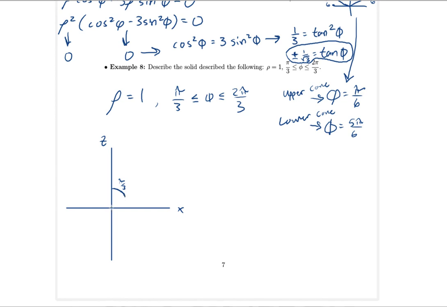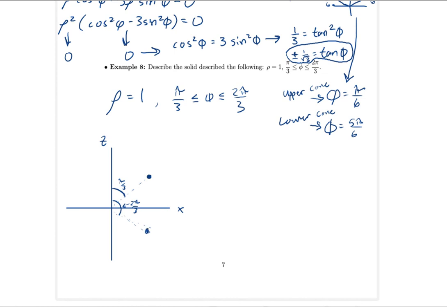So that puts me about at an angle of that, and then I'm going to go out until my rho is 1. Okay? And then I'm going to go 2 pi over 3, so that's going to maybe put me down here, right? So 2 pi over 3, but throughout all of that, rho should still be 1.